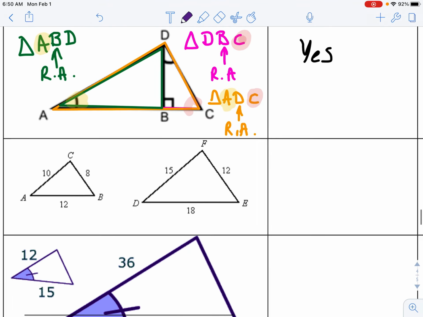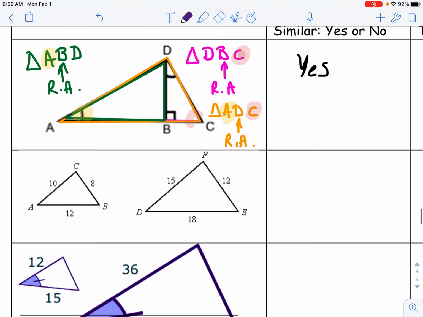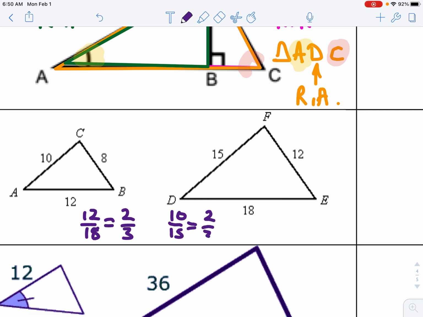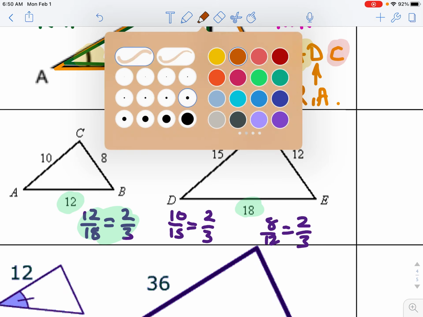This next one right here, are these triangles similar? Well, let's just quickly match up all the corresponding sides. 12 over 18, 2/3, 10 over 15, 2/3, and then 8 over 12, 2/3. So realize all the corresponding sides are proportional.